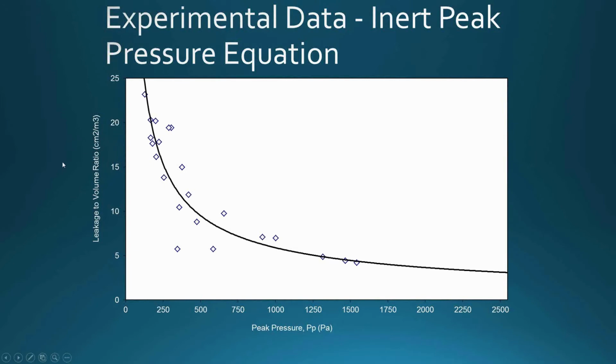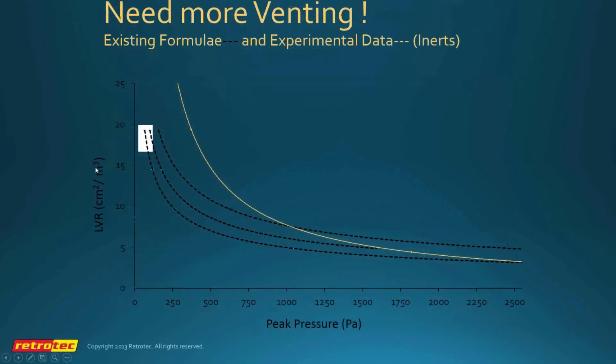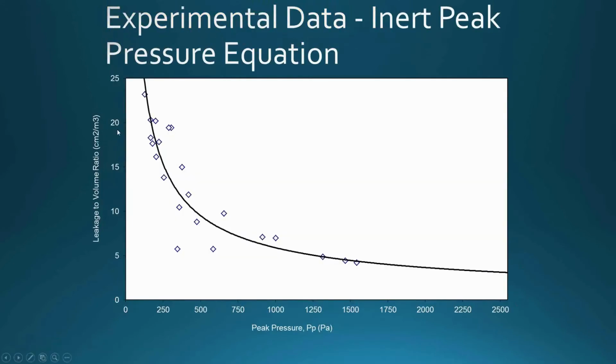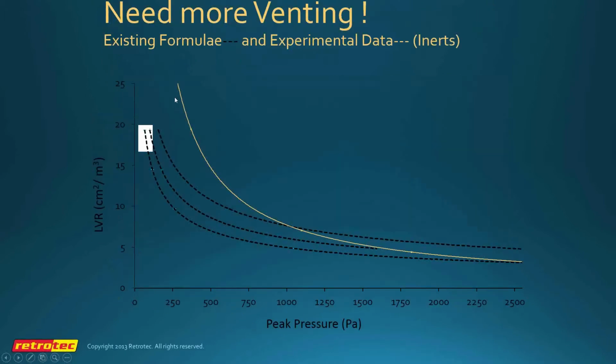And the reason why that's important, we just flash back to this curve here. The shape of this curve is some kind of oddball exponential power, and this is the shape of the curve that we got, and the dashed lines were the shapes of the curves of all the existing peak pressure formulas at the time, and they all had the same characteristic, which was that they used a square root relationship, and it's not a square root relationship.